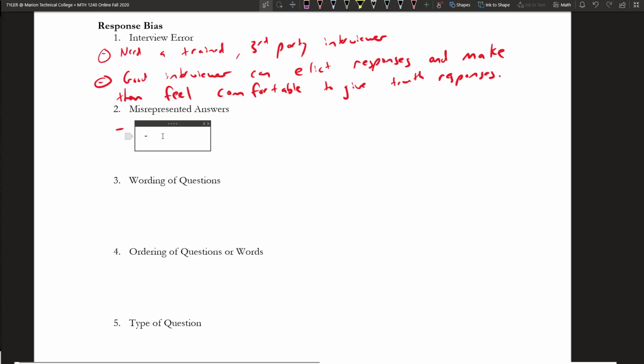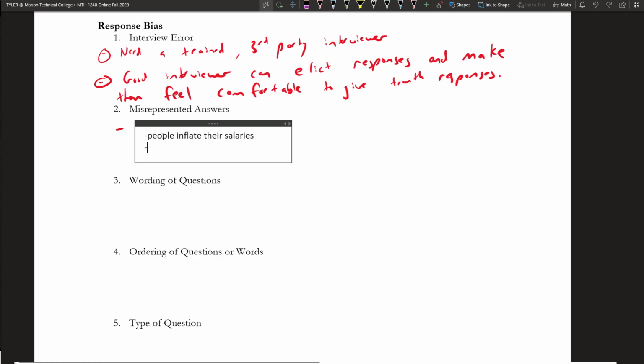So we are on misrepresented answers. As I was saying, oftentimes people will inflate their salaries. If I did a survey and asked you to tell me your salary, typically you don't know it to the penny, for one, and also a lot of people like to inflate it to sound better, or say they make more money because apparently that's better.